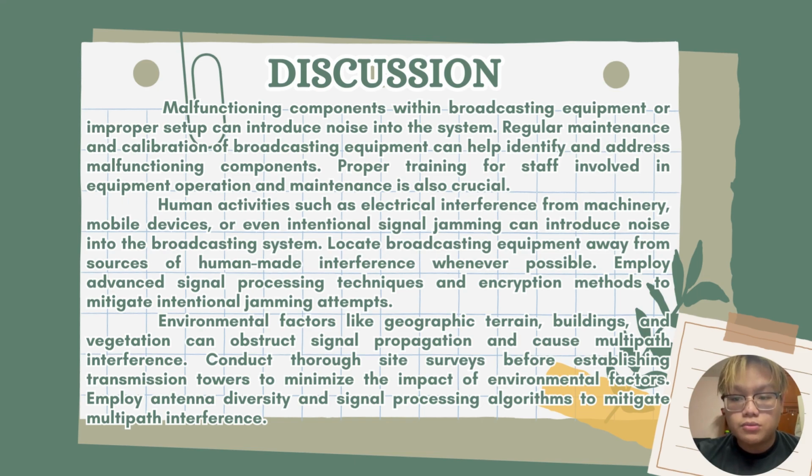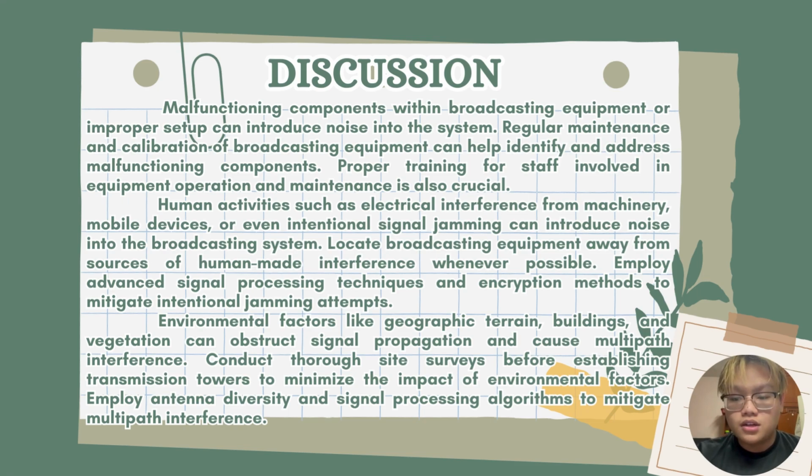Another one, human activities such as electrical interference from machinery, mobile devices, or even intentional signal jamming can introduce noise into the broadcasting system. We can locate broadcasting equipment away from sources of human-made interference whenever possible, and employ advanced signal processing techniques and encryption methods to mitigate intentional jamming attempts.